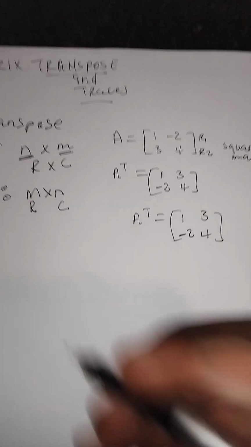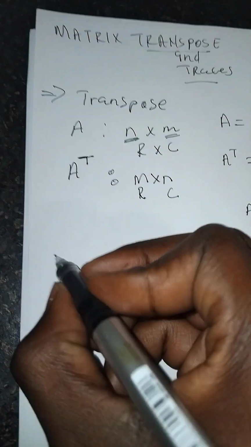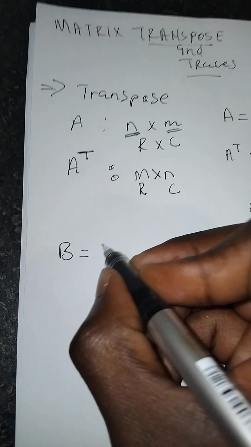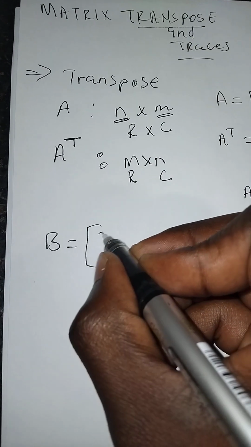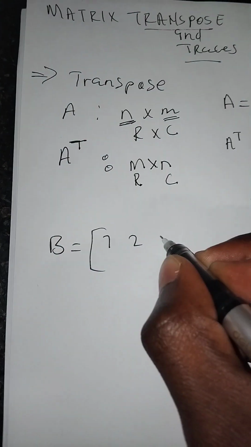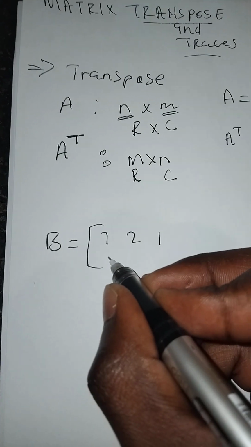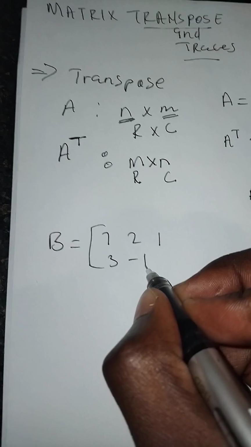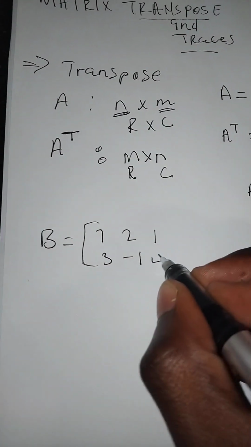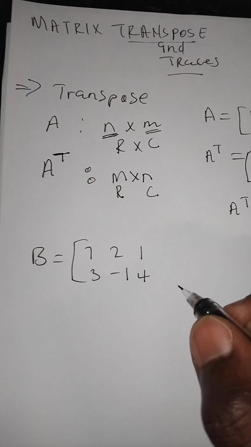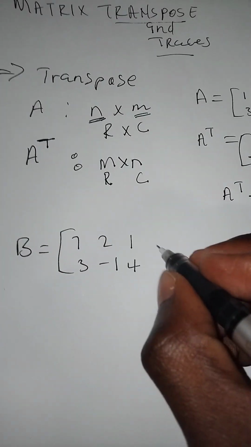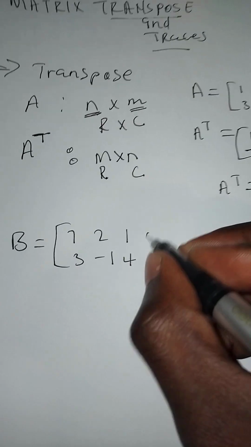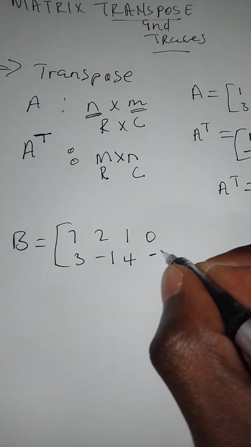Okay, so let's look at another example. Let's suppose you have a matrix B, where matrix B has entries 7, 2, 1, then 3, -1, and 4, like that. Let's add one more, 0 and -2.